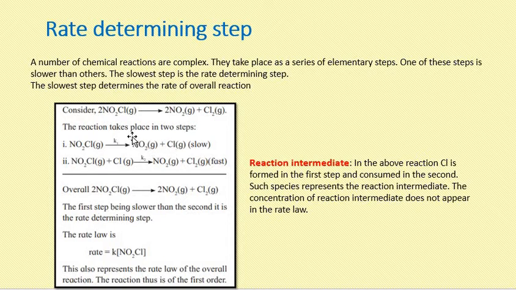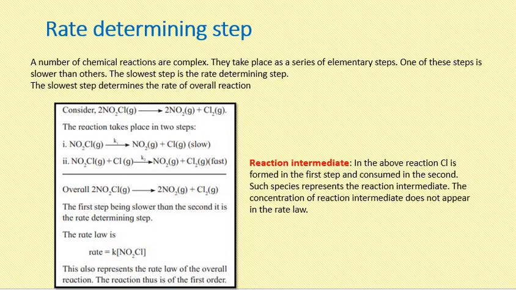For example, if I add these two equations, this Cl will be cancelled by the Cl from the above equation and I will get this net equation. 1 NO2Cl from the first equation and a second NO2Cl from the second equation, that is why 2 NO2Cl in the final equation give you 2 NO2 as product plus Cl2. And this is the rate expression for the given equation and it is a first order reaction, but its molecularity is 2.